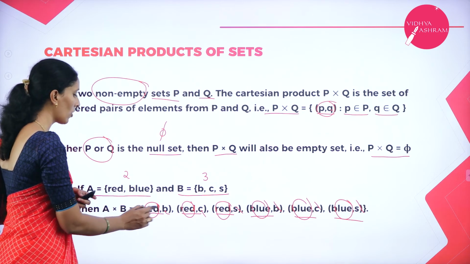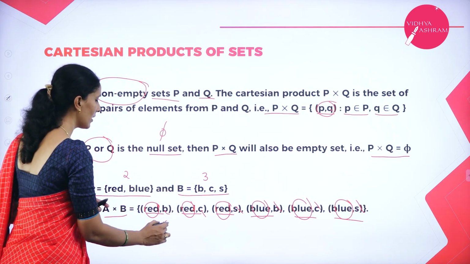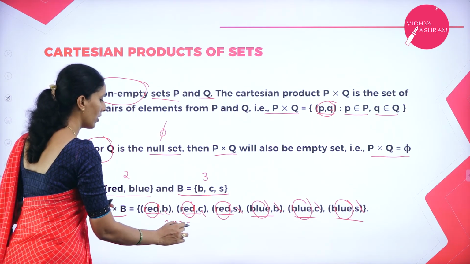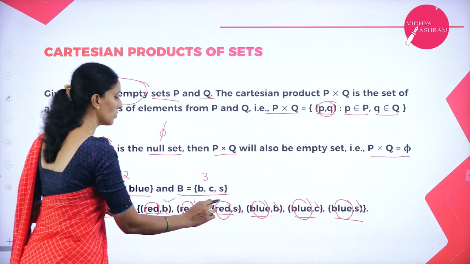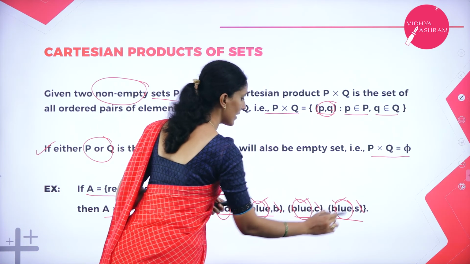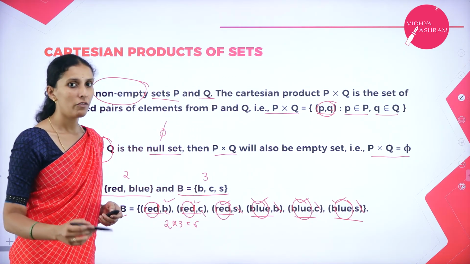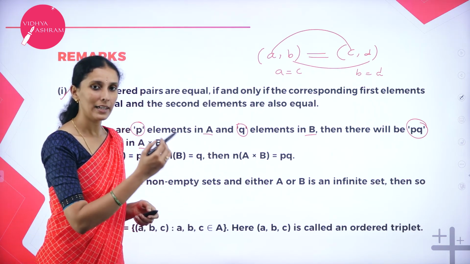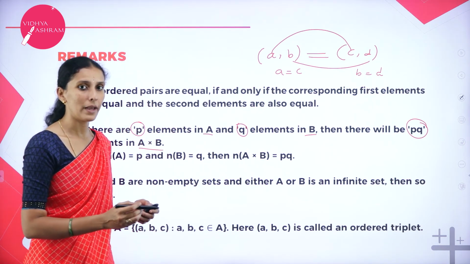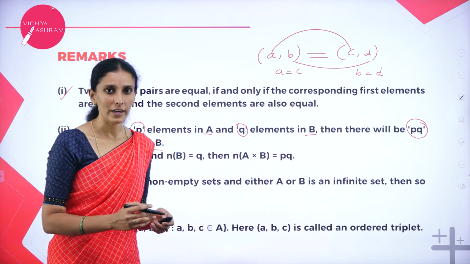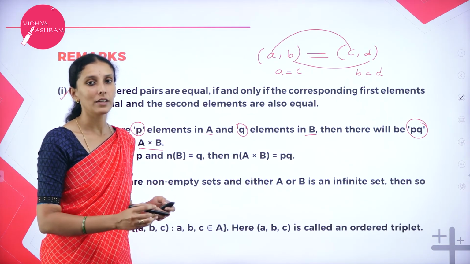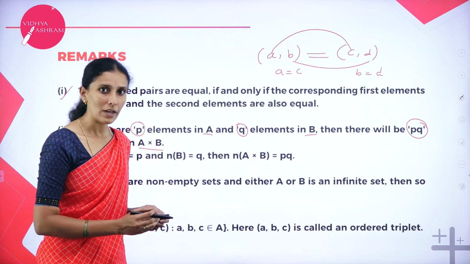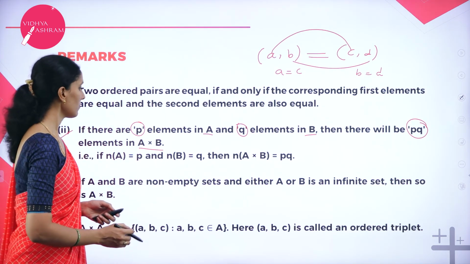Therefore, A cross B has 2 into 3, that is 6 elements. You can count here: 1, 2, 3, 4, 5, 6. So what we can say is, if A contains p elements and B contains q elements, the number of elements in the Cartesian product is p into q. That is the product of the number of elements in each set.